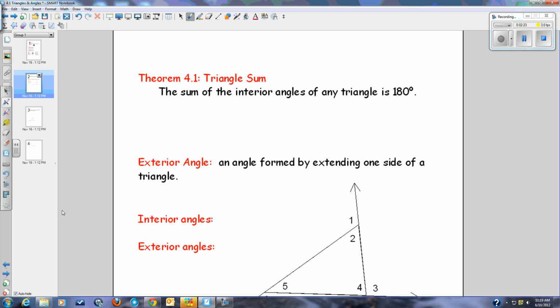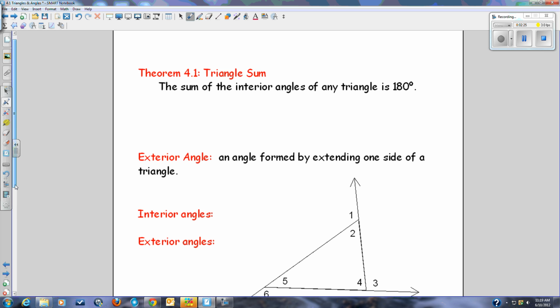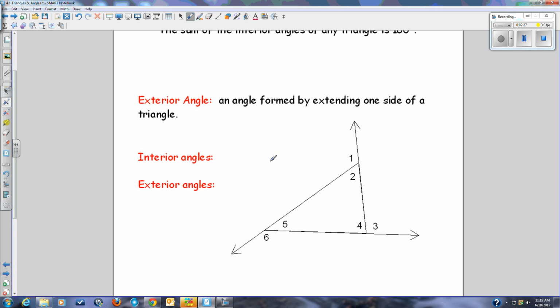An exterior angle is an angle formed by extending one side of a triangle outward, like in this picture here. So you notice each side we've extended beyond the triangle. The interior angles in this case are the ones inside the triangle.